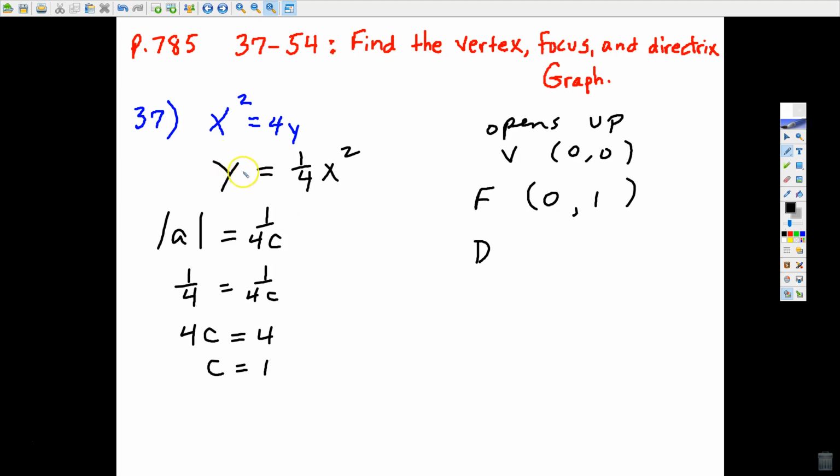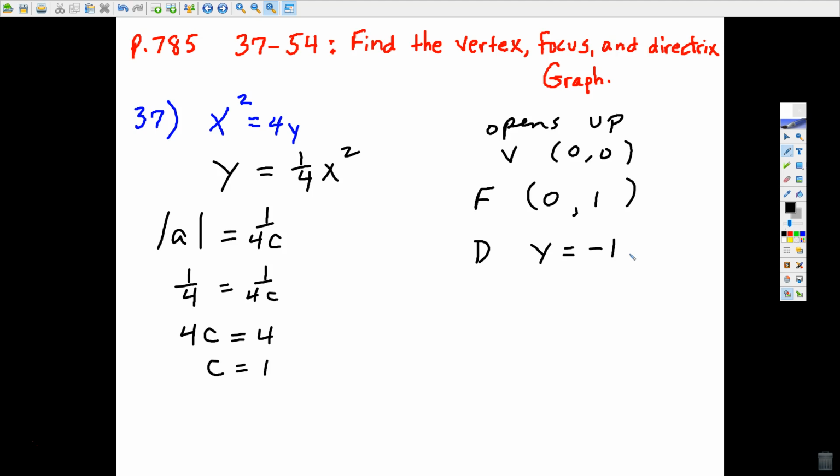If your equation says y equals, which this does, your directrix line should also say y equals. It's got to be a horizontal line. So if I go down 1 unit from the vertex and I draw a line through that point, that's the line y equals -1.